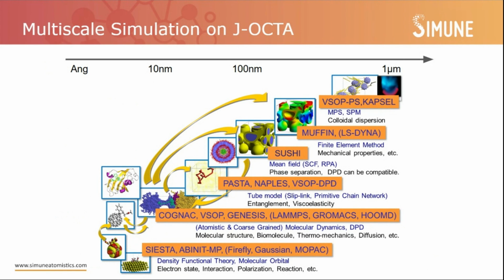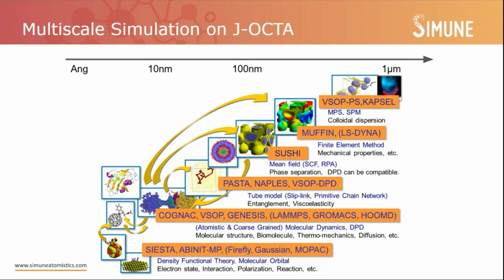Then if we go up one step, we find modelers such as Cognac and VSOP, which are included in the J-OCTA platform, and third-party code engines such as LAMMPS that are supported by J-OCTA. That works with methodologies such as atomistic and coarse-grained molecular dynamics. If we move up again, we find Pasta, Naples, VSOP, DPD, specialized in tube model, Sushi, working with mean field method, Muffin, finite element method, and finally VSOP-PS with MPS and SPM.